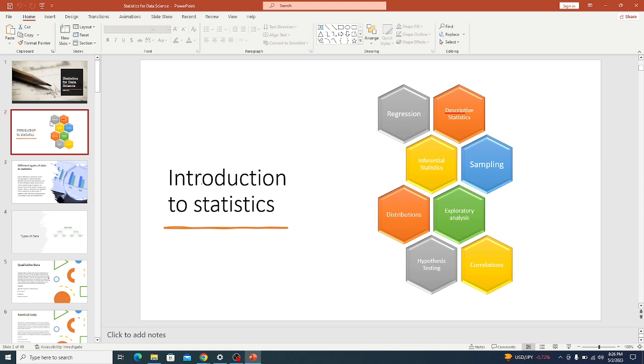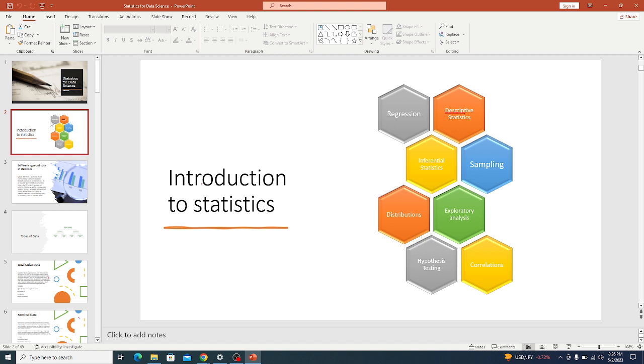Under descriptive statistics we'll learn different measures in statistics, like measures of central tendency, where we have mean, mode, and median. We'll also learn about measures of variability, which are variance and standard deviation.